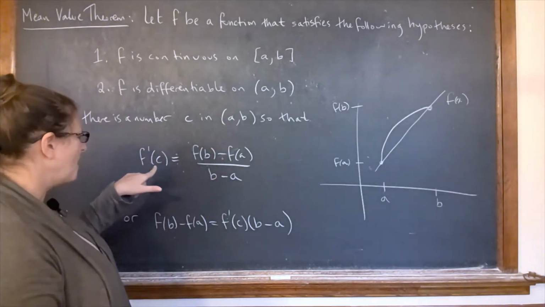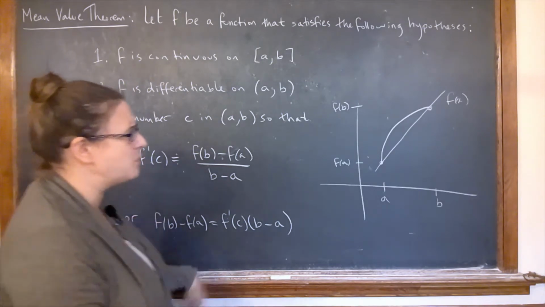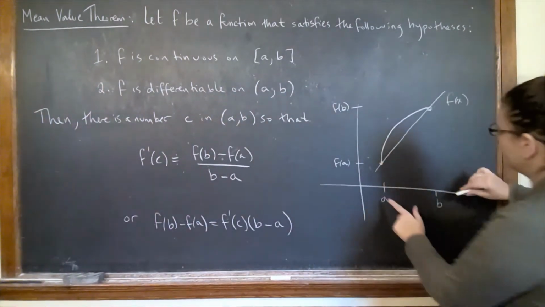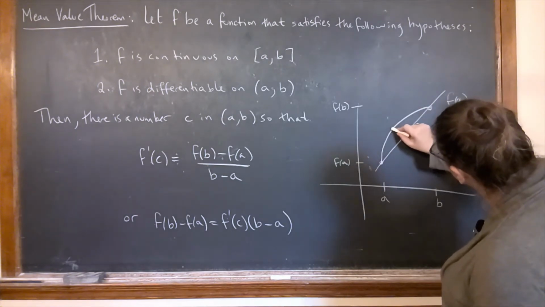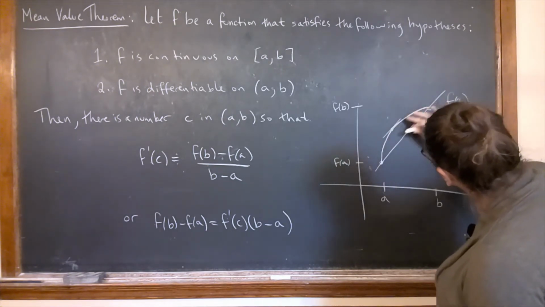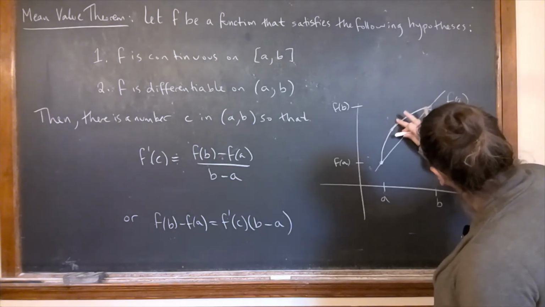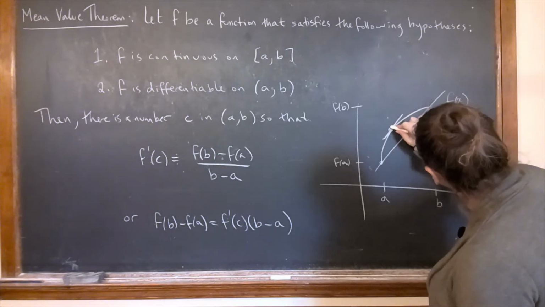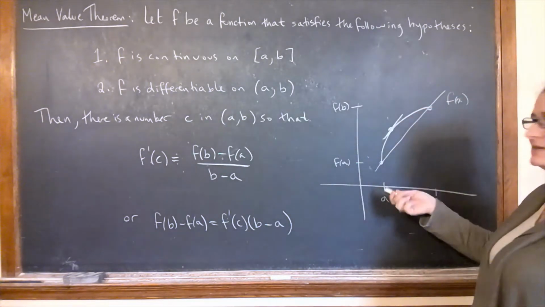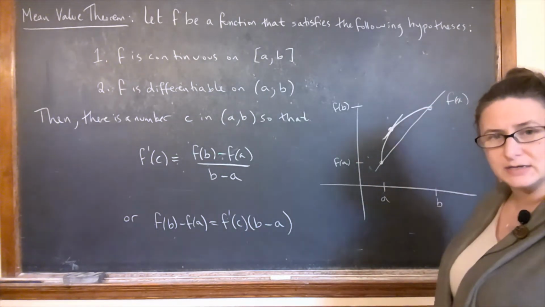So what does this mean? It means that at some point in this interval, I've got some point on this curve where the slope of, that doesn't look quite right, but you get the idea. Let me try to make it a little bit better. All right, the slope of the tangent line is the same as the slope of the secant line.